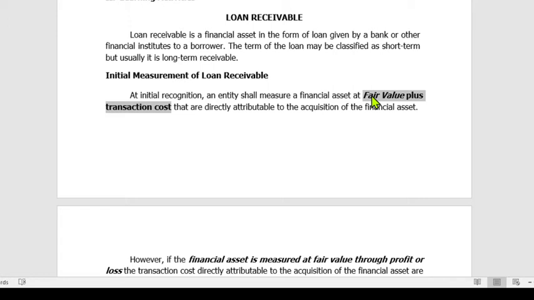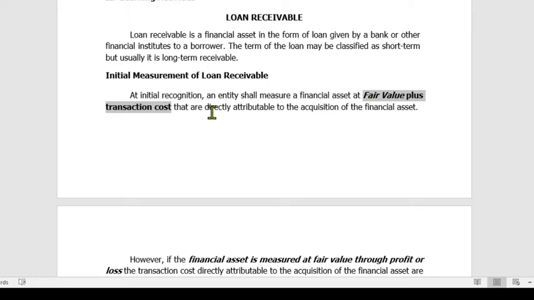We know that transaction cost is the expenses incurred in effecting a particular transaction. However, transaction cost is very general and very vague in nature. Very broad ang definition niya.